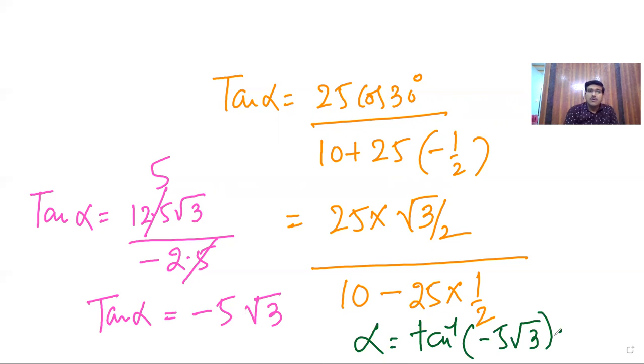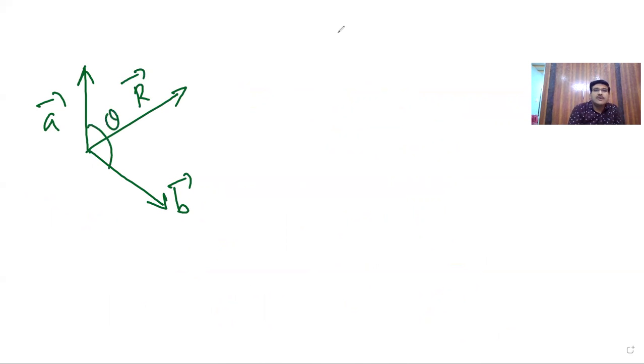Here, now have the clarity in the direction also. Now this was the vector A bar, this was vector B bar, the resultant was R bar, and the angle between them was theta. Earlier we have taken direction alpha with respect to B bar.